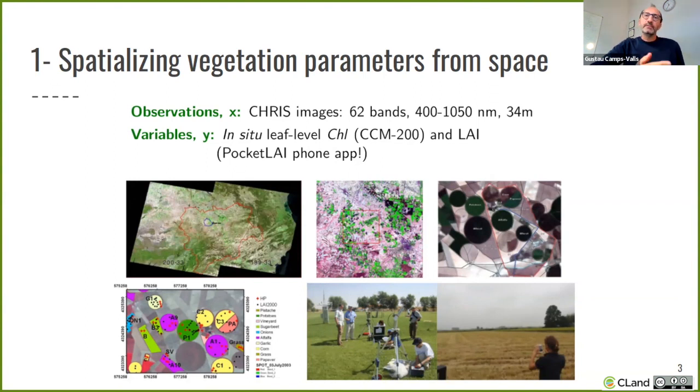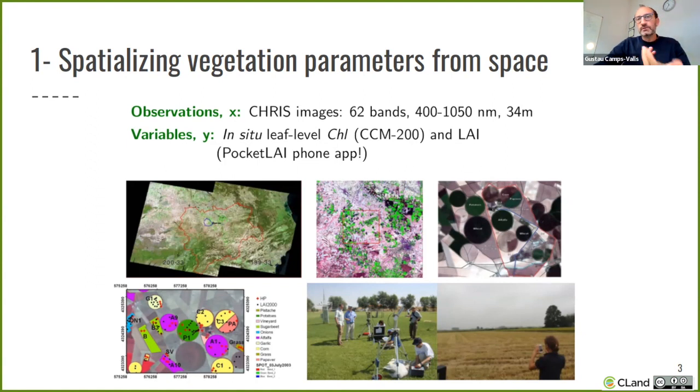And at the same time that the terrestrial campaign was happening, we had CHRIS sensor images with spectral imagery. So in the end, you just collocate this data, and after atmospheric and geometric corrections, you have your beautiful database that you can learn from.